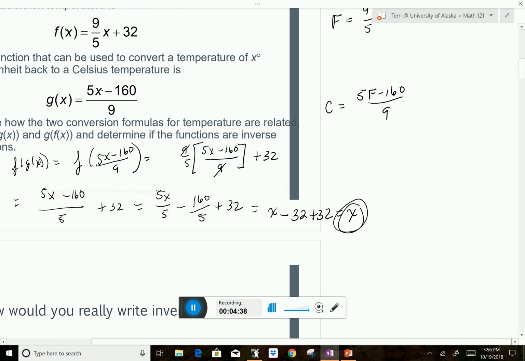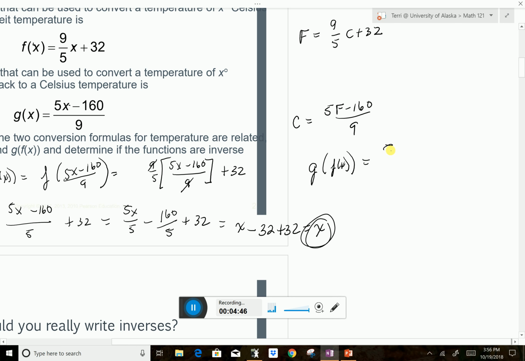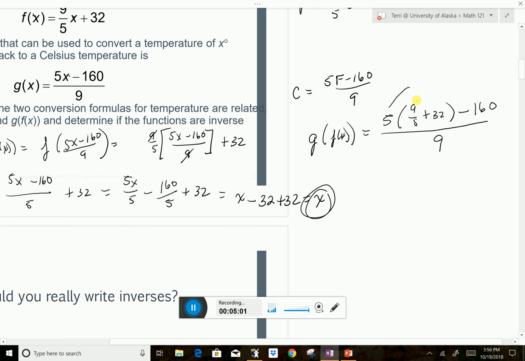And if we look at this the other way, I'm going to have g of f of x. This is going to do the same thing. This is going to be 5 of 9/5 x plus 32, minus 160 divided by 9. So let's distribute this 5. We have 5 times 9 over 5 x plus 32 times 5 minus 160 divided by 9.